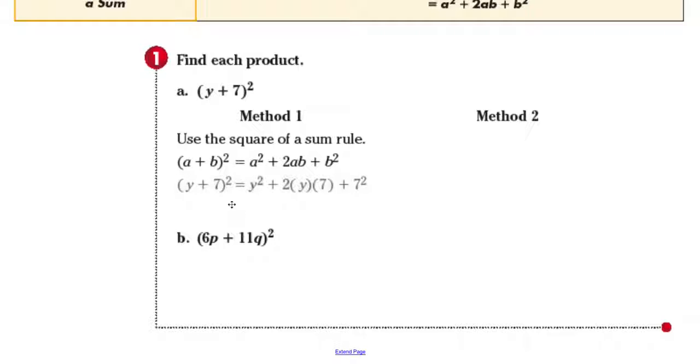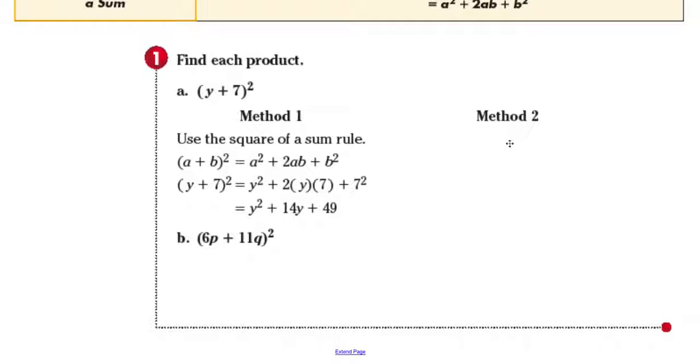So a is equal to y and b is equal to 7, and we simply substitute the values into our trinomial. So y squared plus 2 times y times 7, plus 7 squared. And if we simplify this, it is simply y squared plus 14y plus 49.